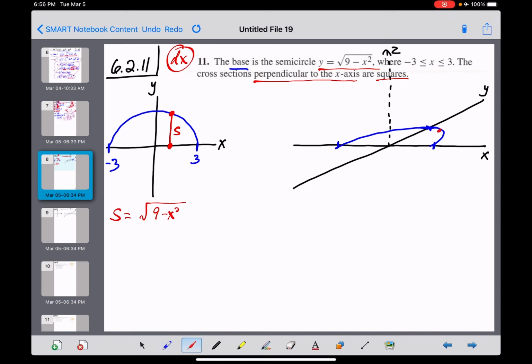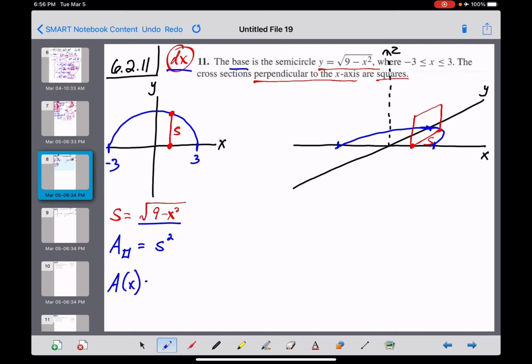Anywho, what do we have here, guys? This piece right here in red, it runs parallel to the y-axis. That's S, and we are building a square sticking up in the z direction there, and our square is going to look like that. So, what do we know about squares? That the area of a square has to equal side squared. And this is what S is, represented in terms of x.